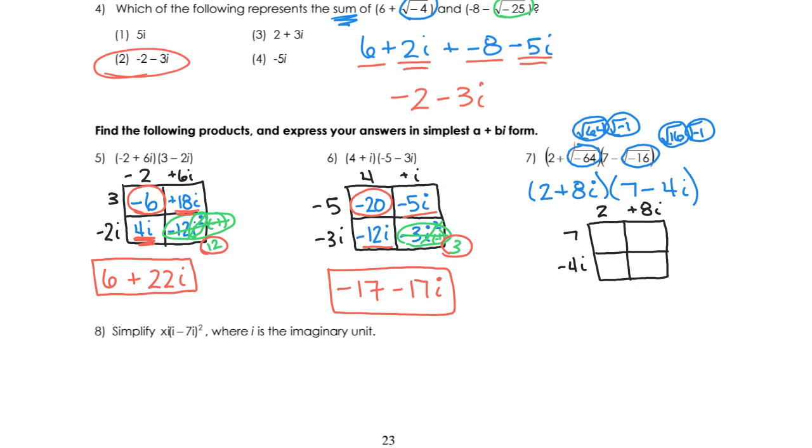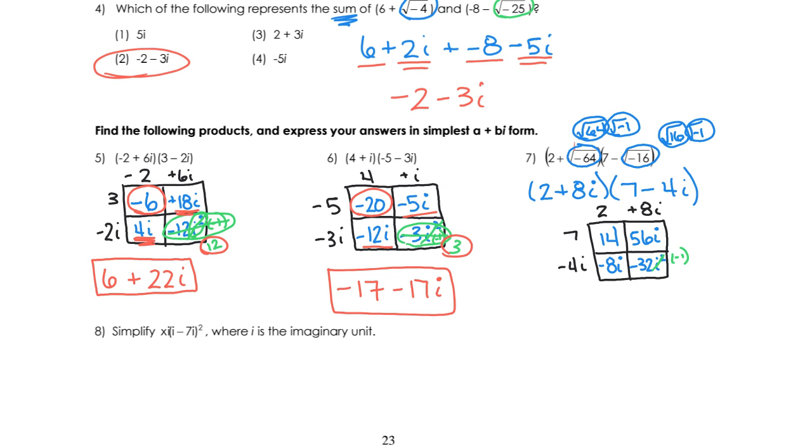Okay, and now we can go ahead and fill it in. 7 times 2 is 14. 7 times 8i is 56i. Negative 4i times 2 is negative 8i. And negative 4i times 8i is negative 32i squared. And there's that i squared again. So we're going to make sure we turn it in for a negative 1.